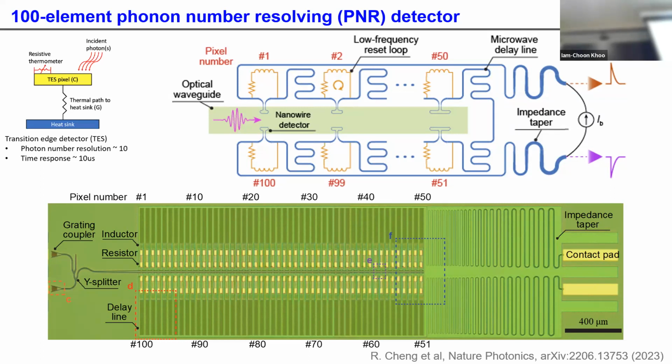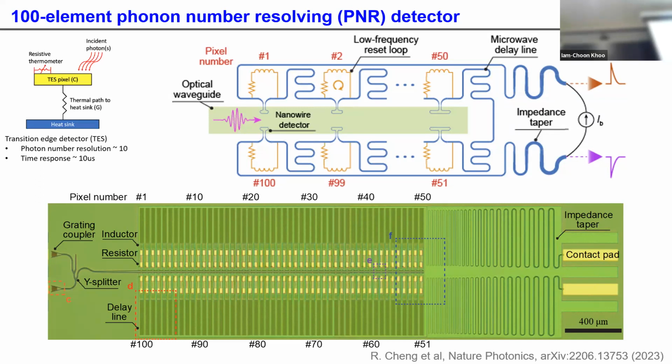When you look at the end, at the time of flight difference between these 2 pulses, you know which detector fired. Then you count how many detectors fire, and you are able to tell the photon number in that packet of photons.